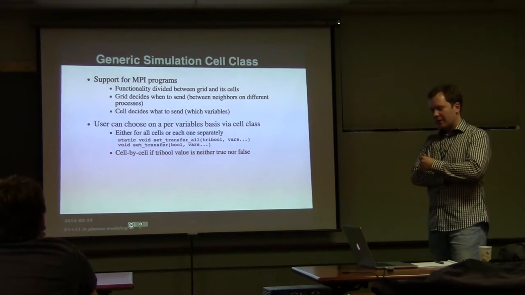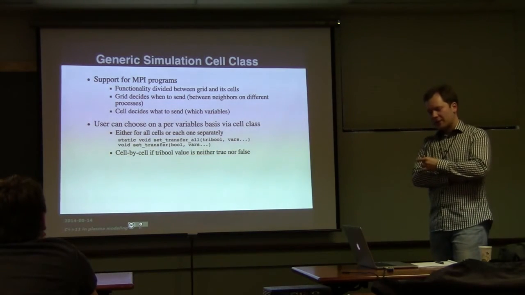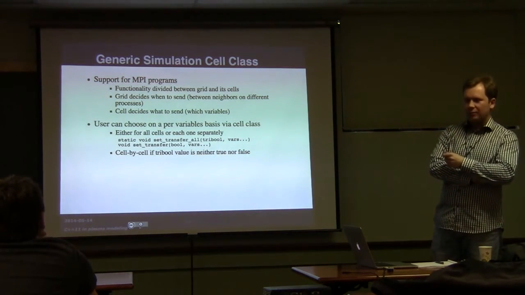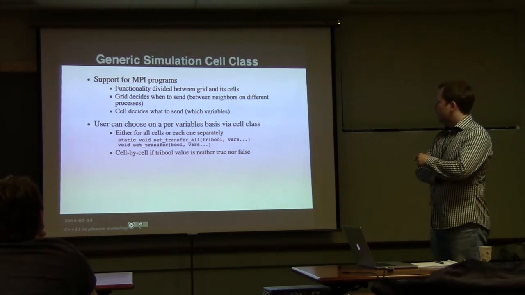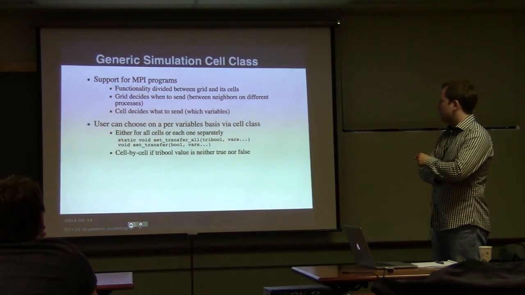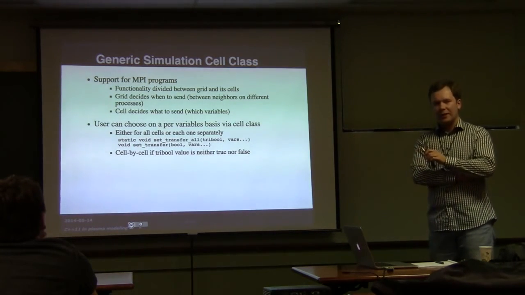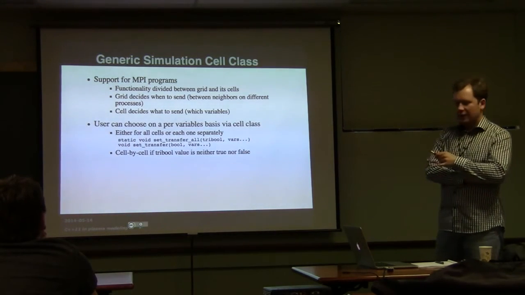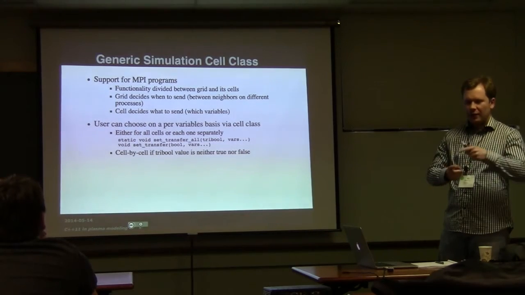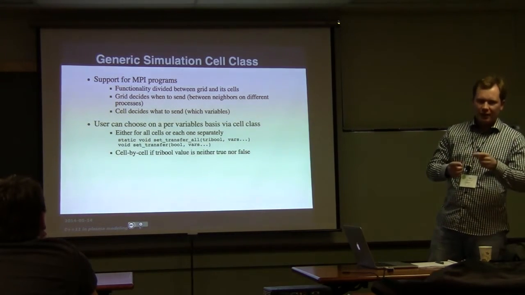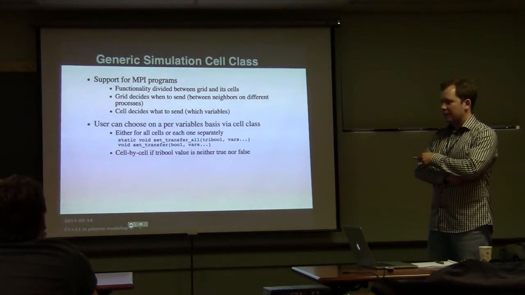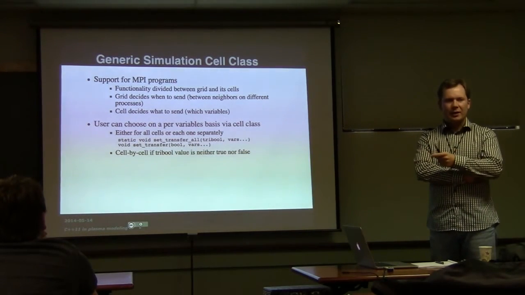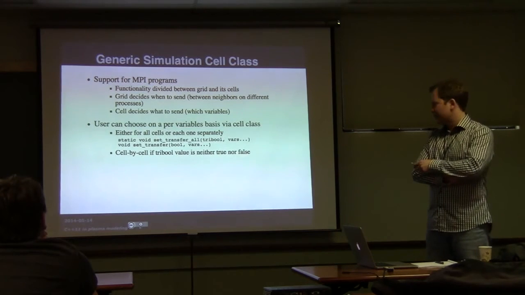One important thing is for this cell class to also support distributed memory programming, so basically MPI. This assumes that some functionality is divided between the grid and the cells. Basically the grid decides what to send and where, from which process, between which cells. And then the cell class itself decides what variables to send if something has to be sent.